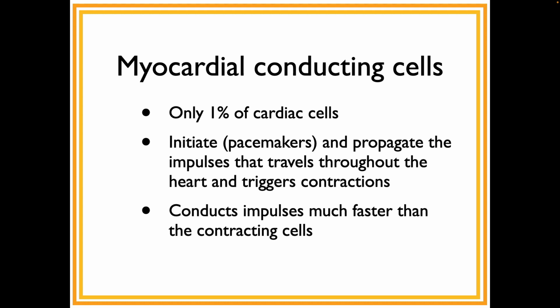But they also transmit electrical activity at crazy fast speed through the heart. That's why they're specialized. They initiate the impulses and then conduct them very, very fast through the heart. Even though all cells conduct electricity, the specialized ones do it much, much faster.